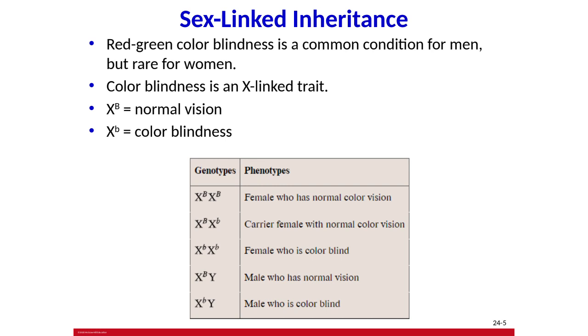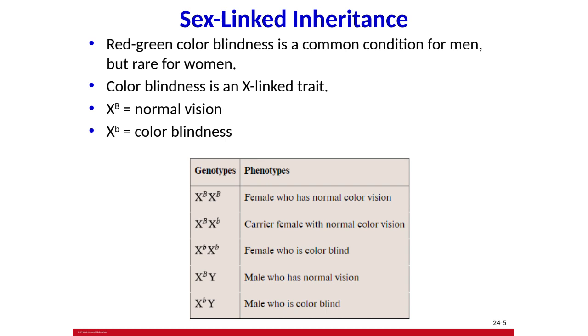And so if we look at the genes, X superscript big B helps to lead to normal vision. X superscript small b would be a defective gene, essentially, that would lead to color blindness. So let's look at the possible genotypes. If we have X superscript big B, X superscript big B, you have a female with normal color vision, and she, in fact, does not have the defective gene.